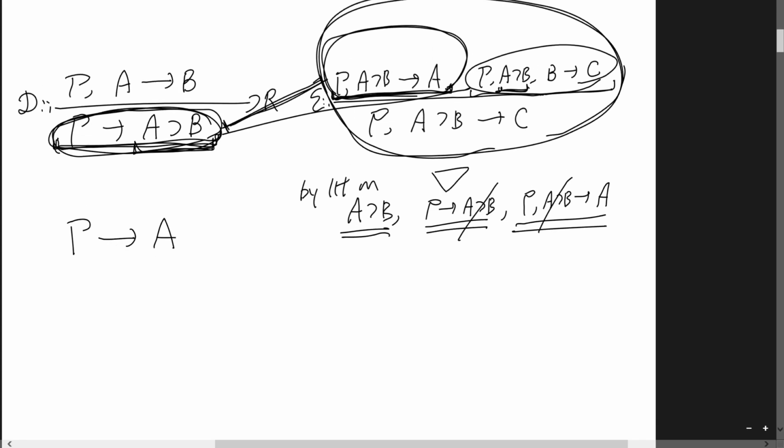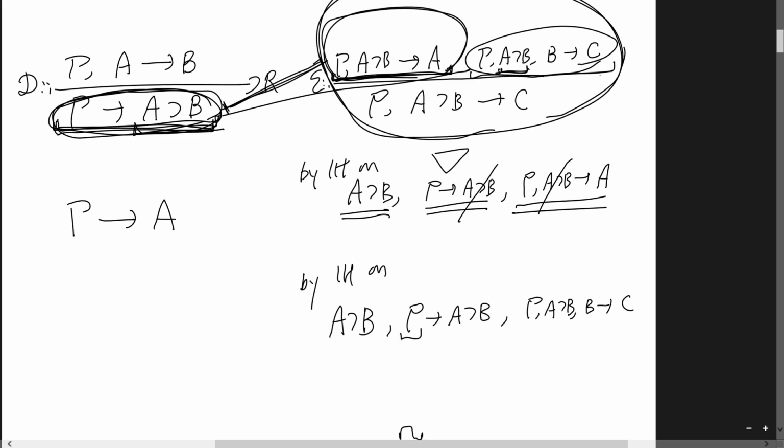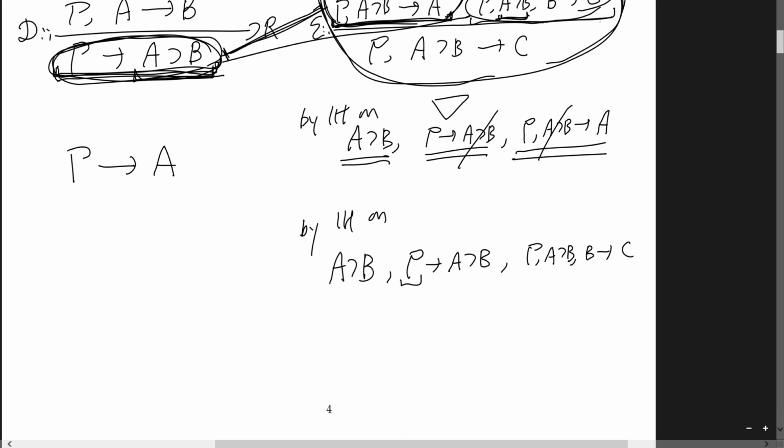So the plan now is we'd like to apply the induction hypothesis on the same cut formula and the same first sequent, and the second one is gamma, A implies B, B arrow C. But the problem here is the left side, the set of formulas on the left side is different.